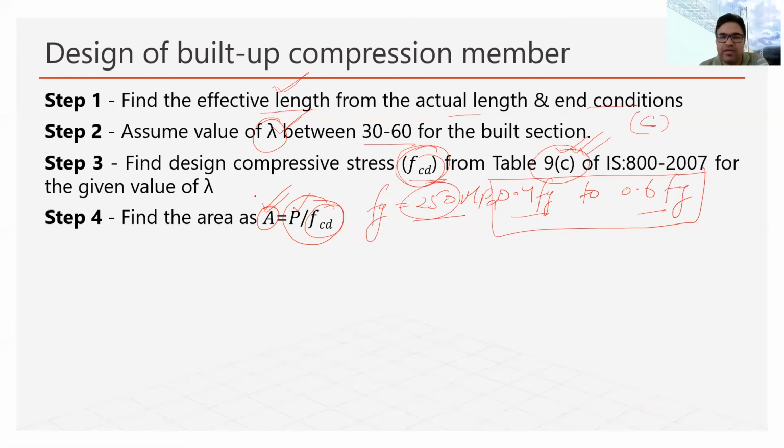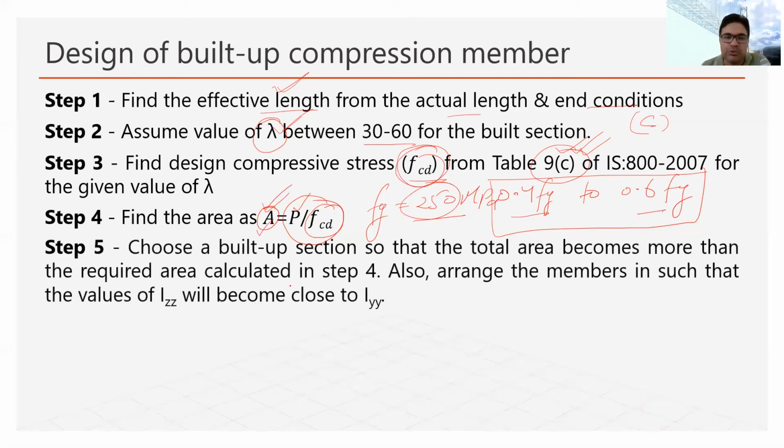In both ways, our aim is to find A. Now, once we find the value of A, we choose a built up section so that the total area of the section chosen from the steel table becomes more than the required area.